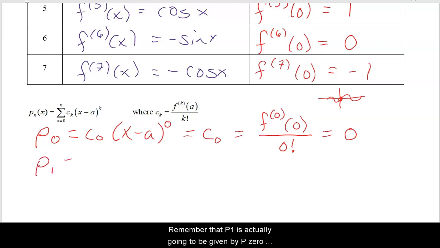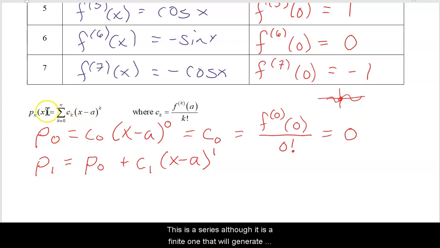Remember that P1 is actually going to be given by P0 plus the next term. The next term out would be C1 times (x minus a) raised to the first power. This is a series, although it is a finite one, that will generate all of the terms in each Taylor or Maclaurin polynomial.